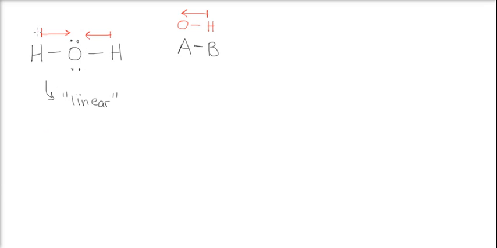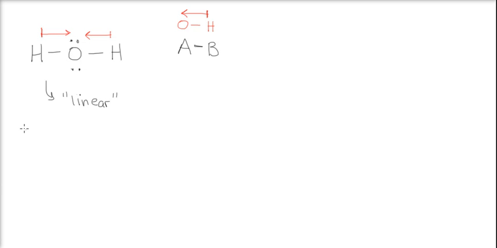All you really have to do is look at the arrows and see, are the arrows pointing in some general direction together, or are they pointing in completely opposite directions or canceling each other out? In this case, the arrows are pointing in opposite directions, and so these arrows would cancel each other out.